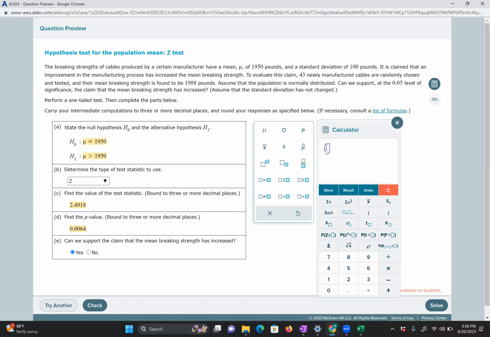So I would say parentheses, 1988, because it's the mean minus the original mu, divided by, again, parentheses, I would do the 100 divided by the square root of our sample size, which is 43.